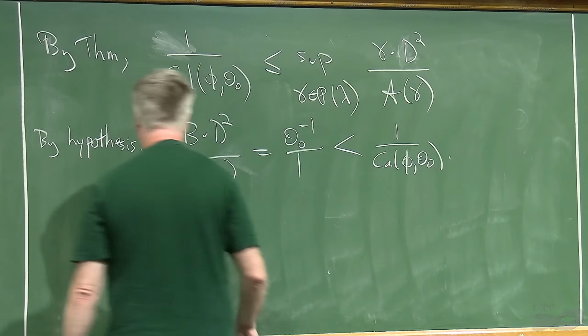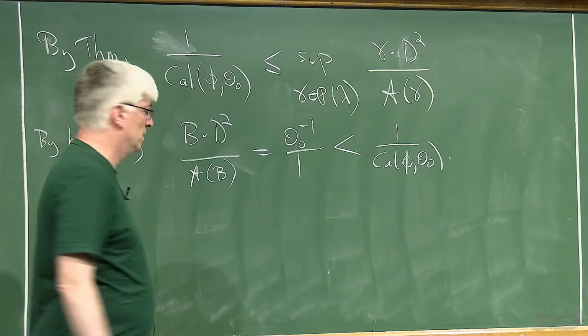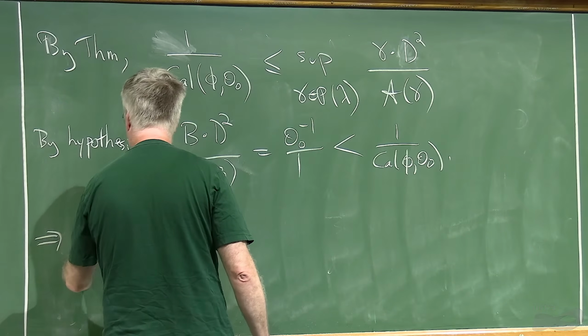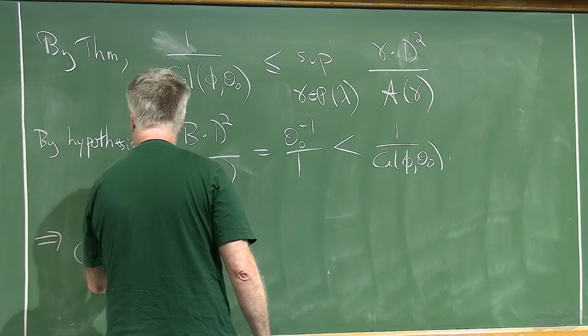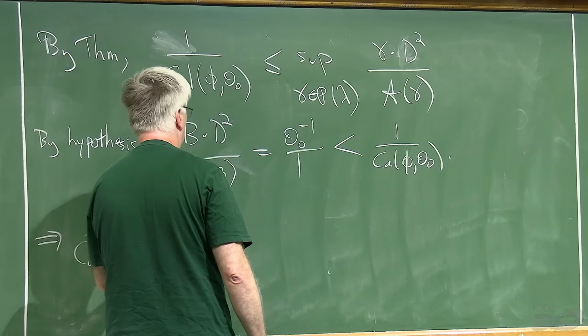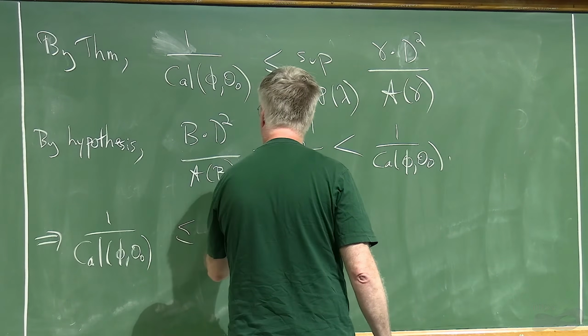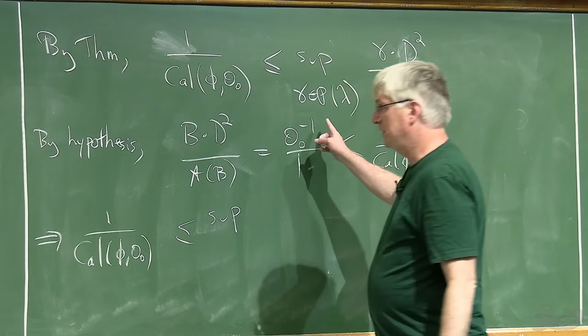So it has to be realized by orbits on the interior. So I get that 1 over the Calabi invariant is less than or equal to the supremum over orbits that intersect the interior of the disk.